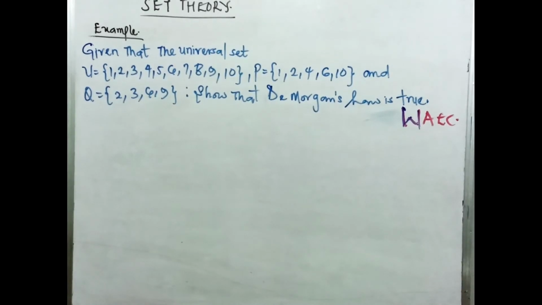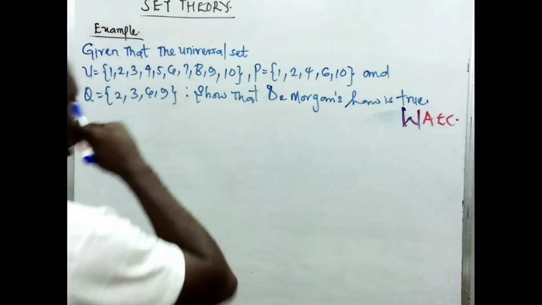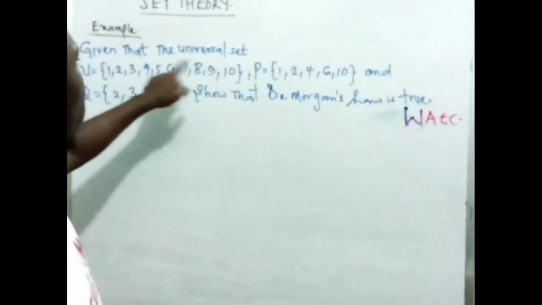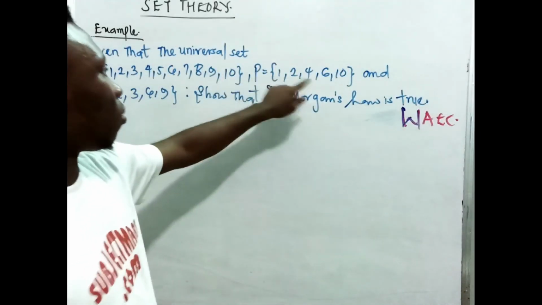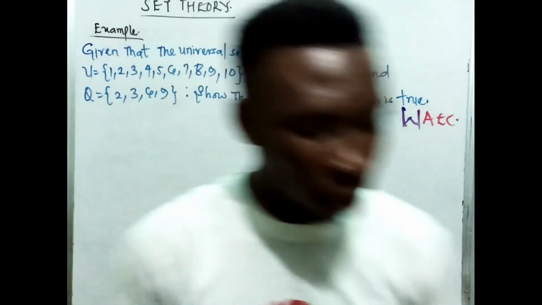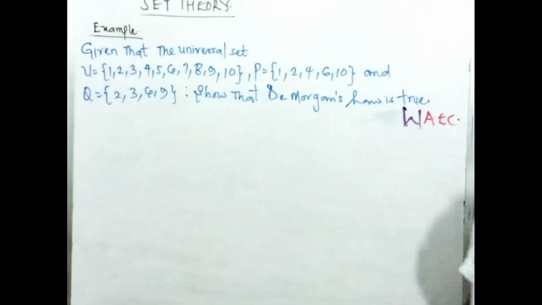Attention. Now you have a question here that says you show that De Morgan's law is true. Given that the universal set is this, and P is equal to this, Q is equal to this, then show that De Morgan's law is true.